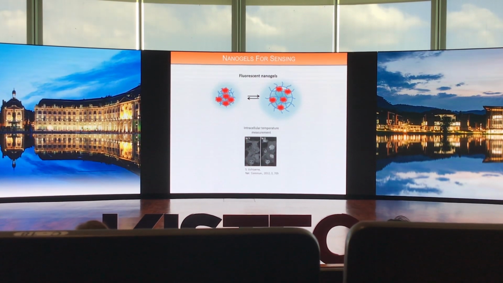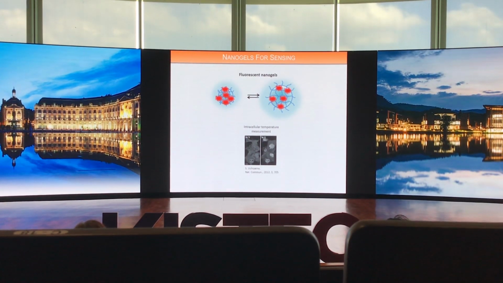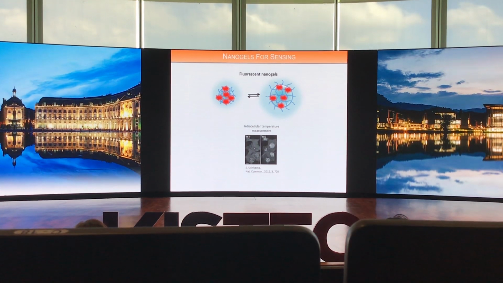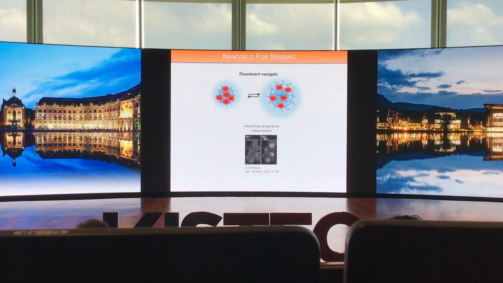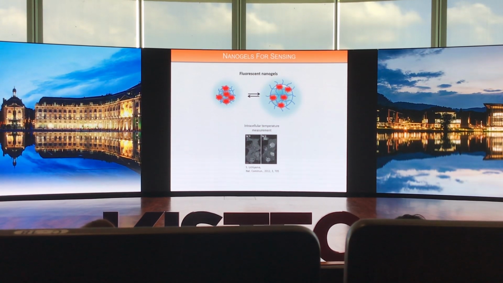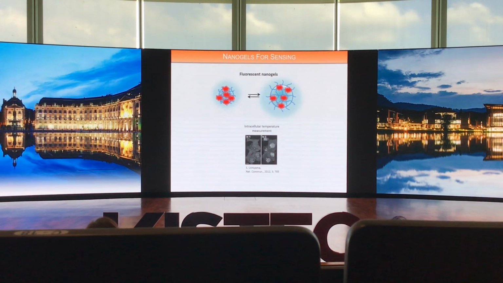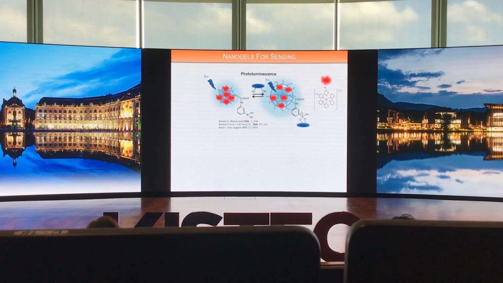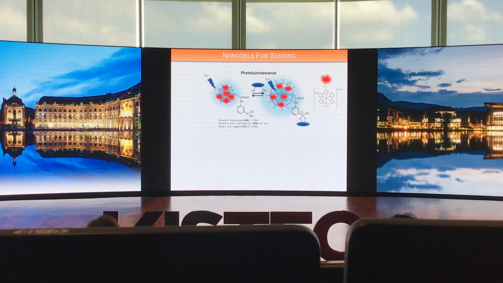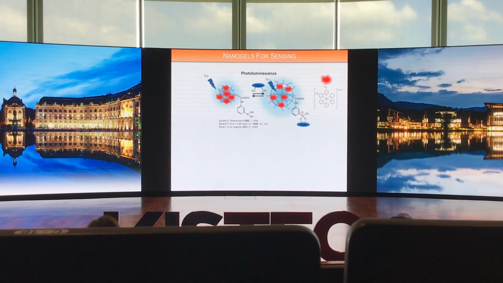So in this case, particles which are below the micrometers, they can enter into cells, and if you can change the fluorescent signal by a stimulus that is present inside the cell, you can detect this stimulus intracellularly. And so we have developed some particles that are fluorescent and that can be sensitive to sugar, so glucose, fructose.